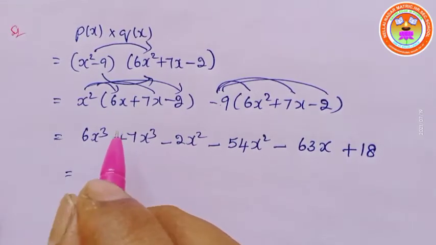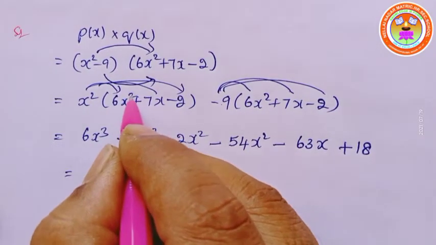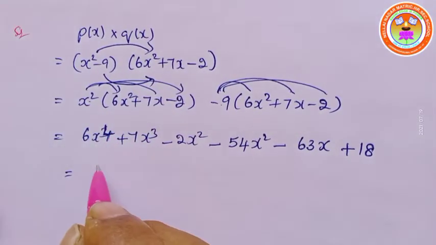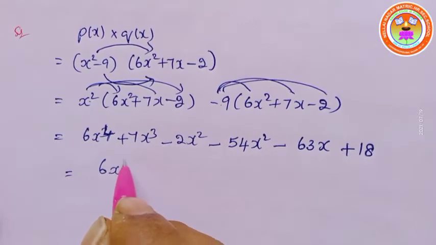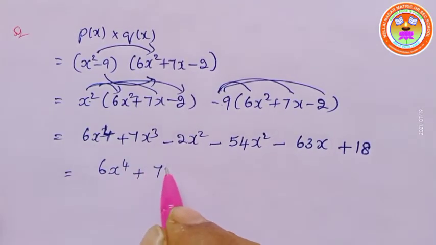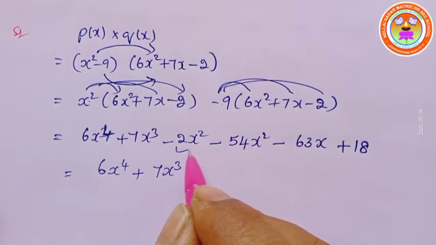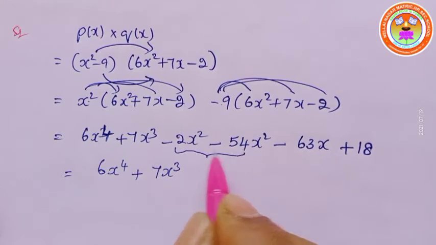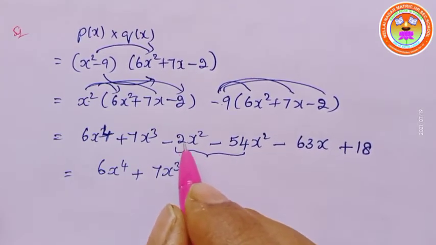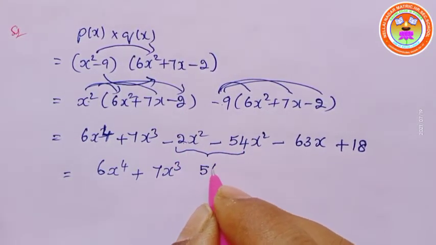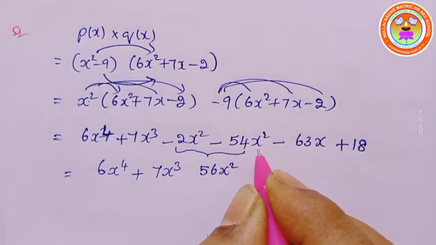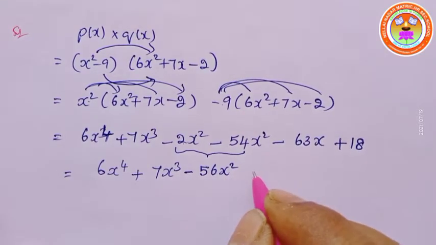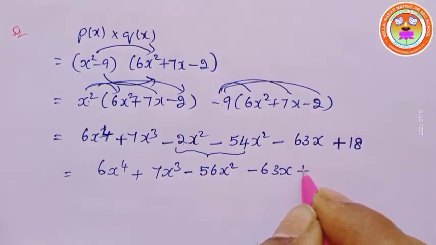Now x squared into 6x squared is 6x power 4. So 6x power 4 plus 7x cube minus 2x squared minus 54x squared. Like terms, both are having the same sign, so add: 2 plus 54 is 56x squared. 54 is the greater number, so we put minus 56x squared minus 63x plus 18.